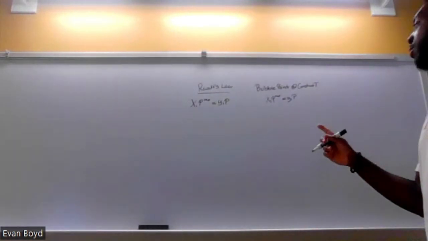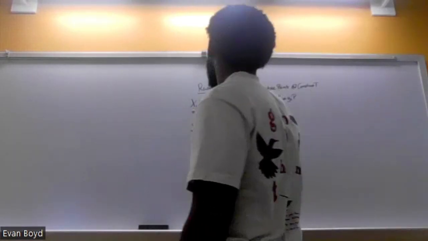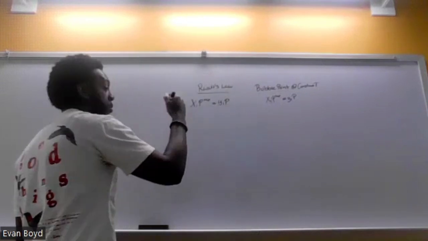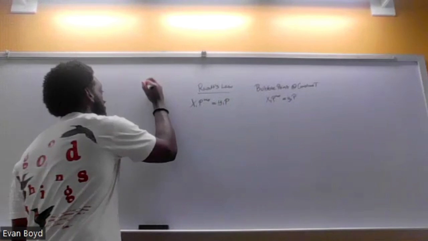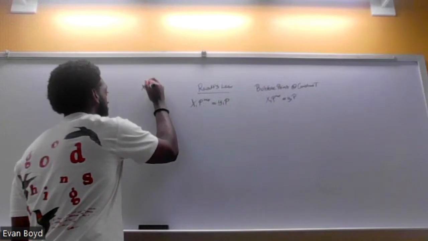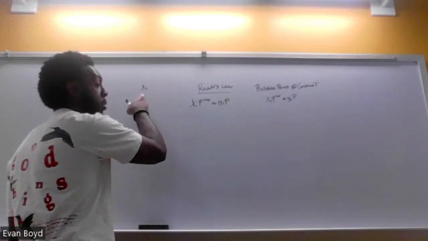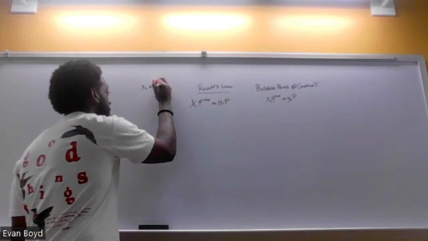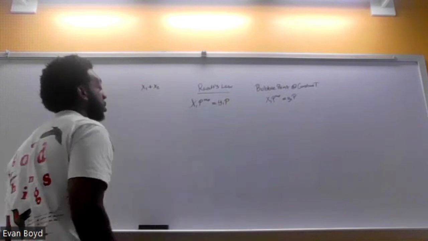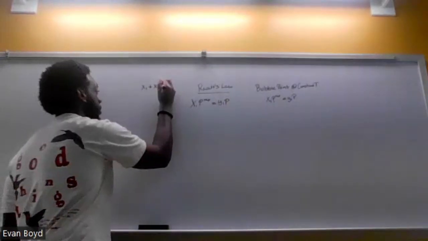A key note is that when dealing with Raoult's law, we have a binary mixture, 2 species in the mix, so the concentration of liquid species 1 plus the concentration of liquid species 2 will always equal 1.